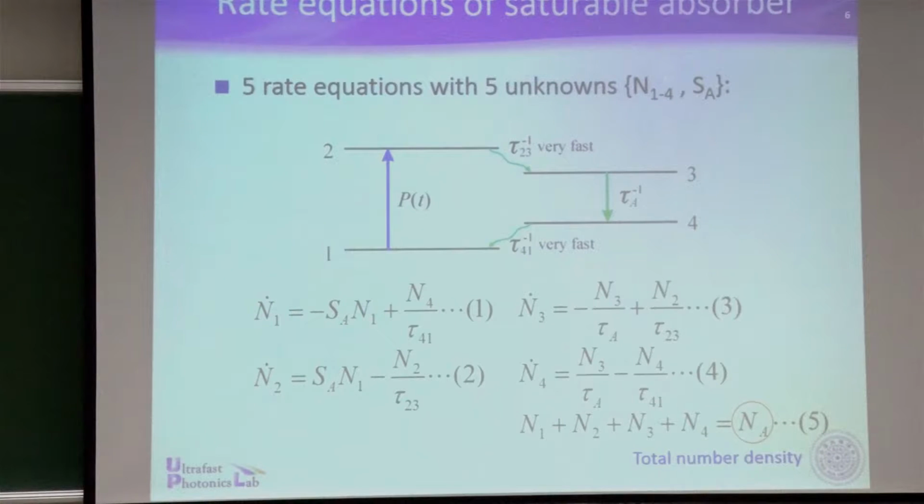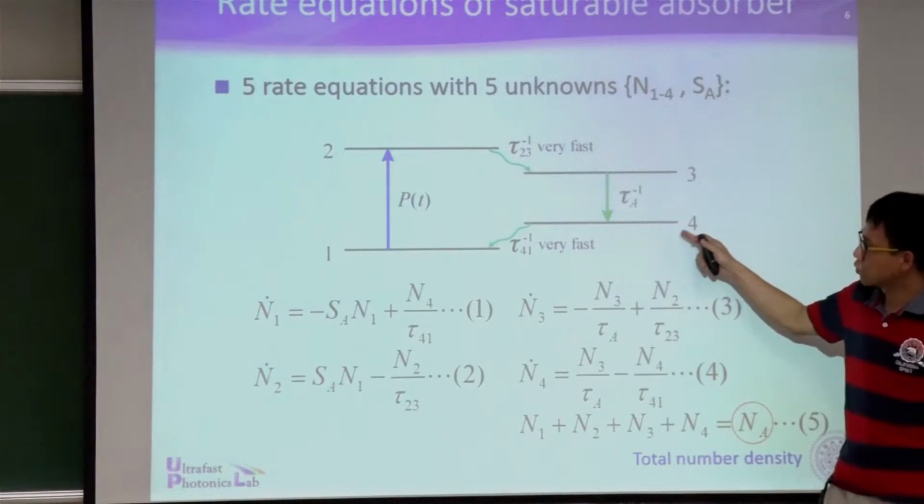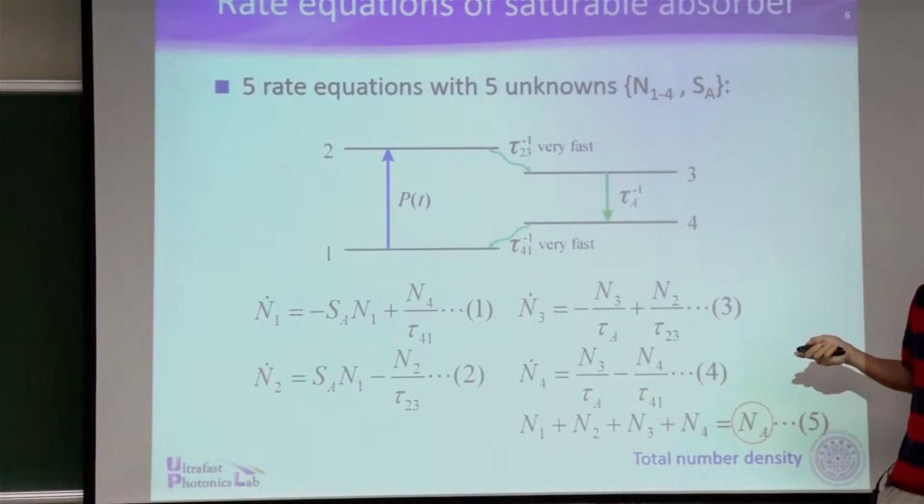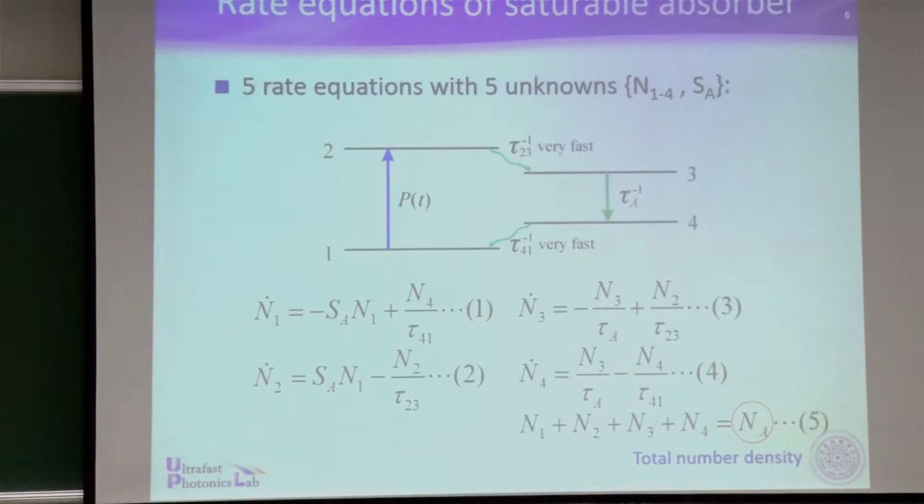That's why you have a minus sign here. And the second process is relaxation from level 4 to level 1, so you will gain some number density. That's why you have a positive sign here. Okay? And the combination determines the rate of change of number density on level 1.